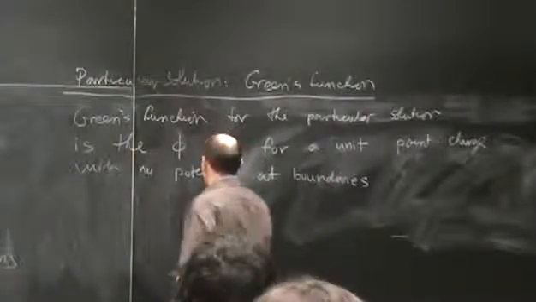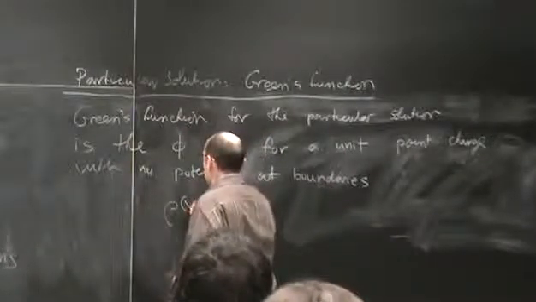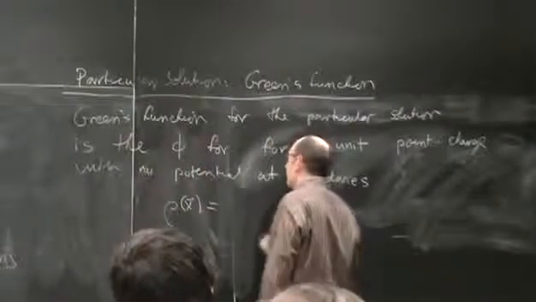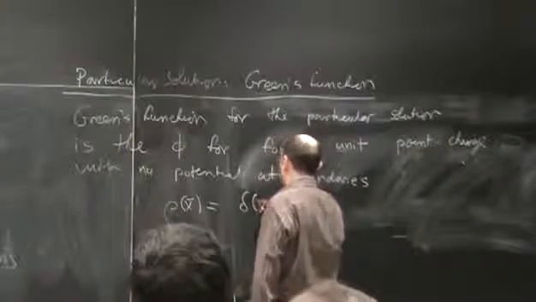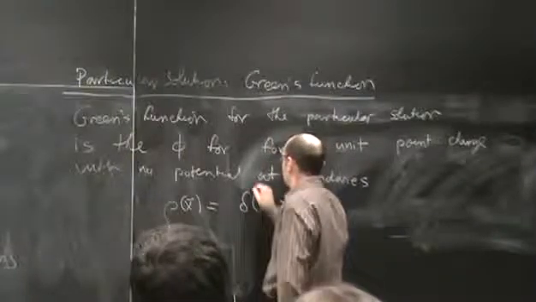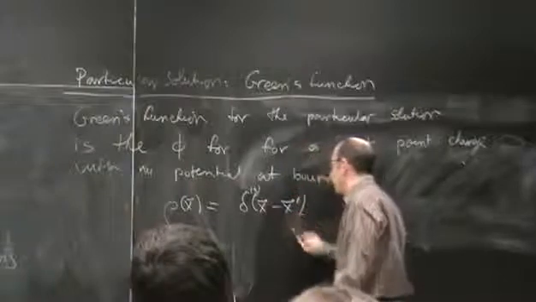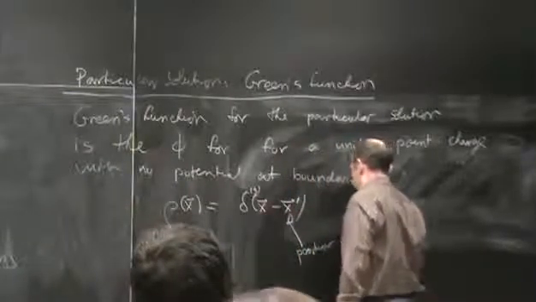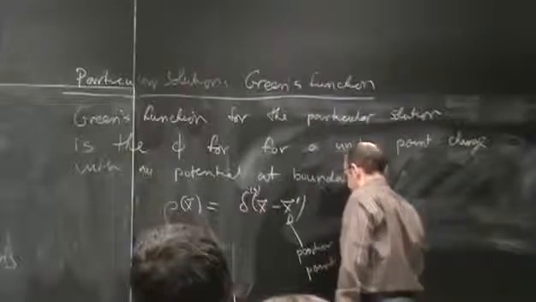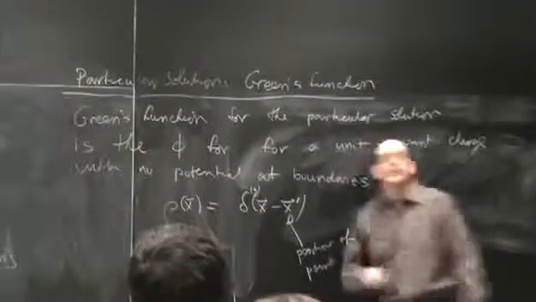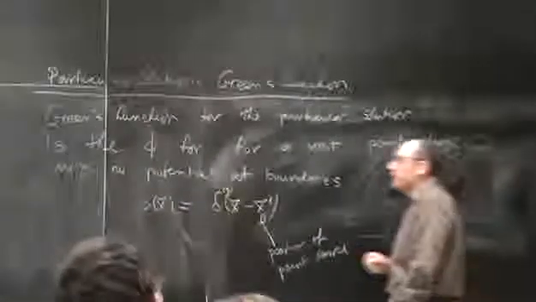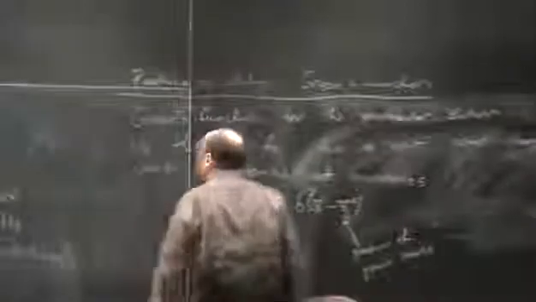So, in this case, my rho at x is a delta function located somewhere. This is the position of the point source. So the Green's function satisfies the Poisson equation.